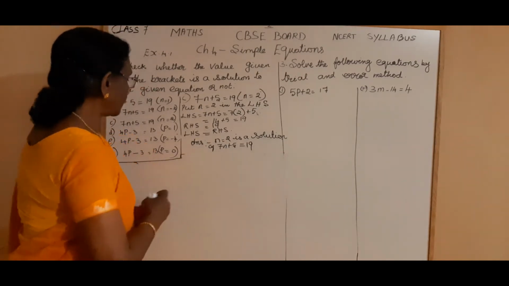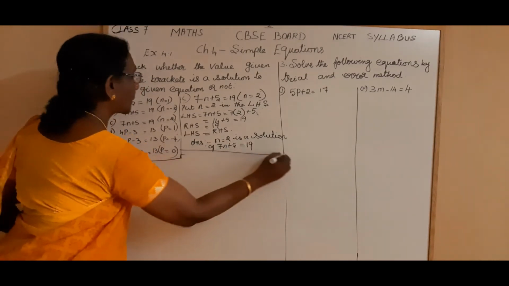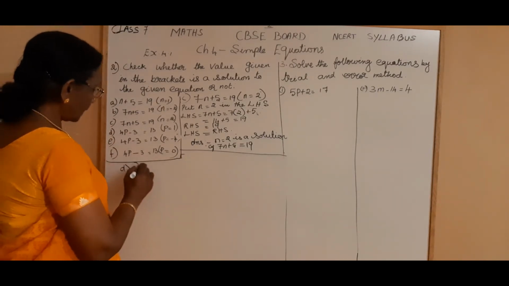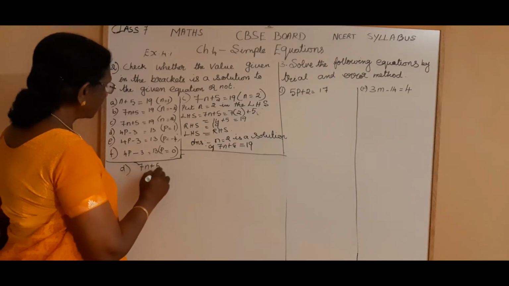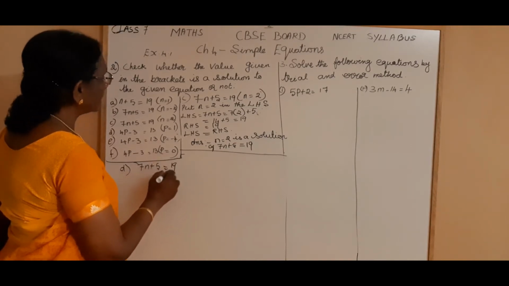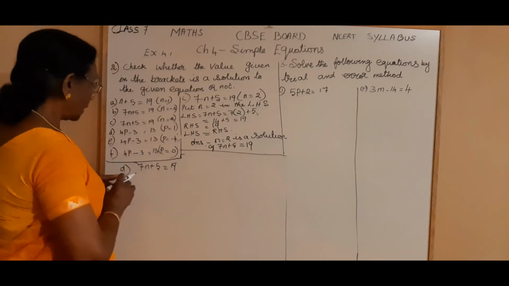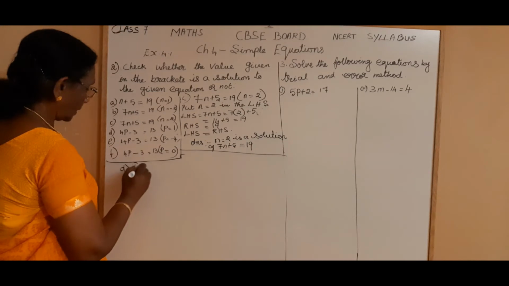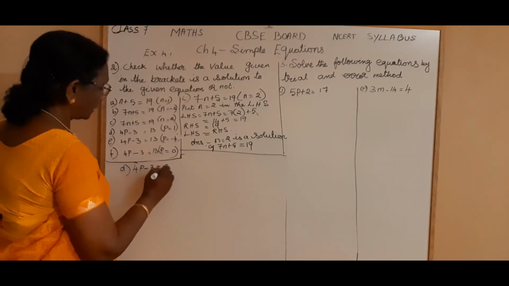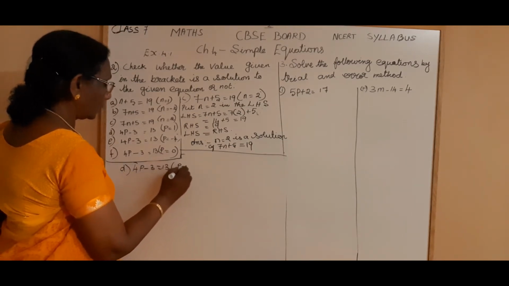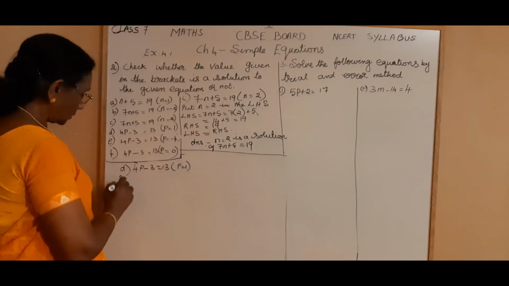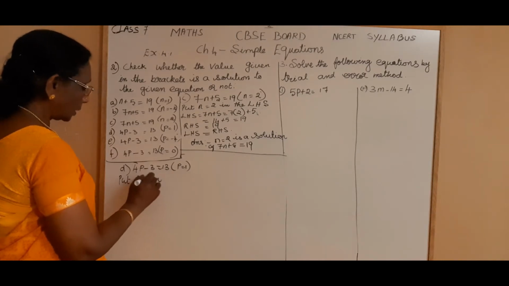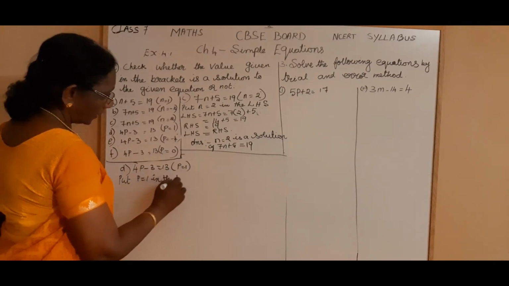Now sum number D. 4p minus 3 is equal to 13. p is equal to 1. So put p is equal to 1 in the LHS.